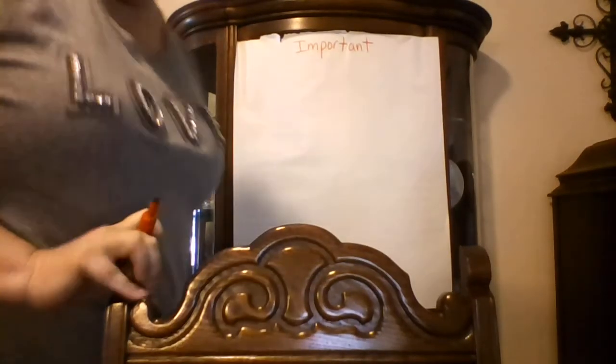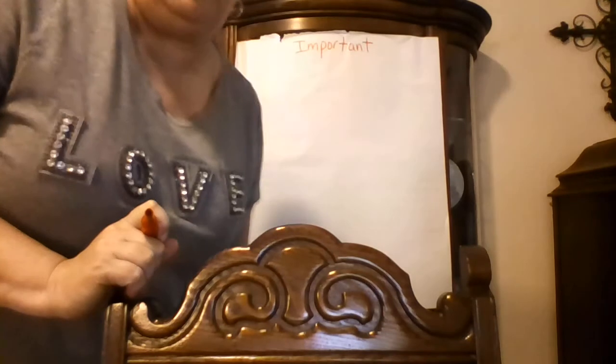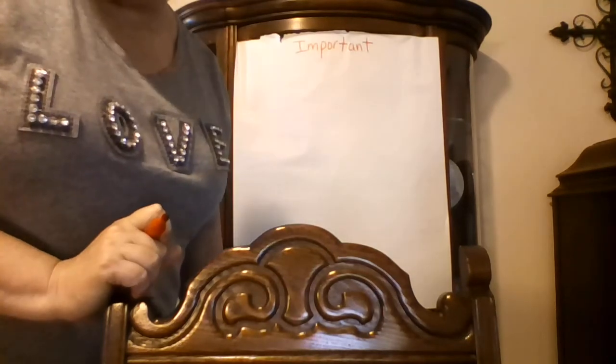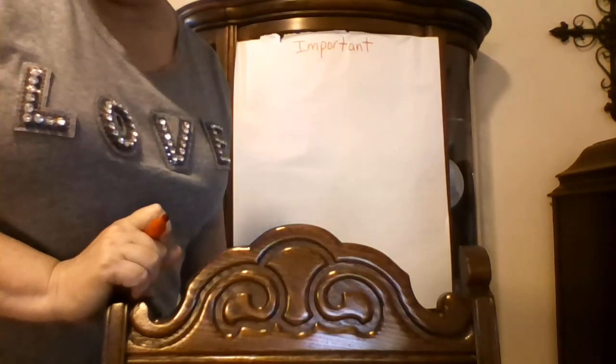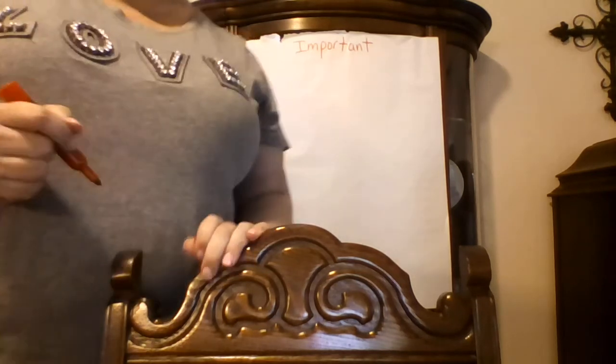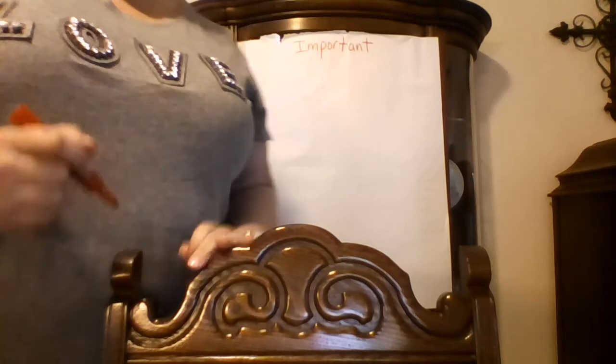Important. Oh, that's going to be backwards. Whoops. I can't write backwards. We're just going to have to make do. Let me try to figure that out. When I write on a paper, it's going to do everything backwards. Let me just say it to you. Maybe that'll help. Why is it important?